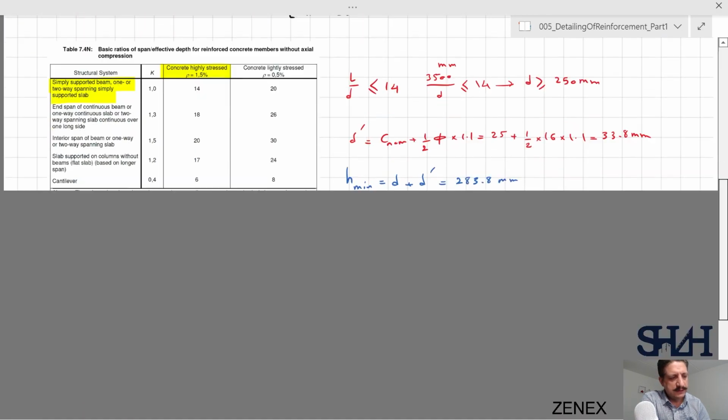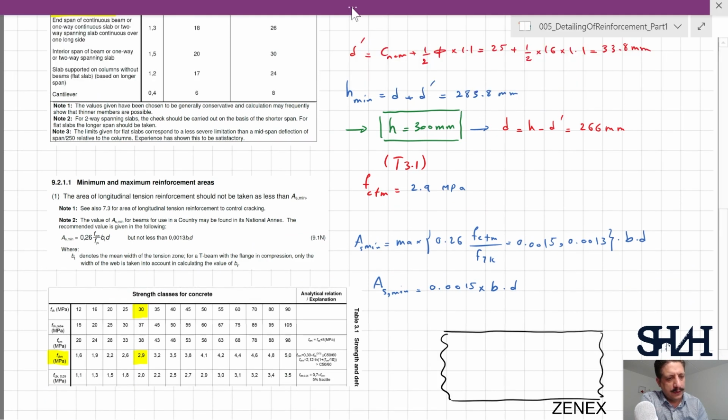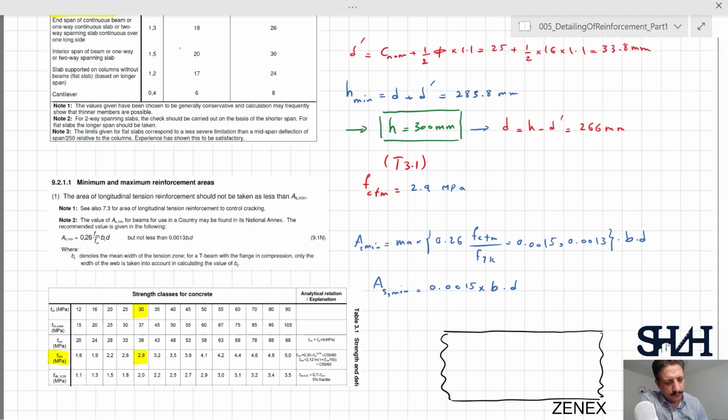It means that it doesn't matter what is the length of the slab. You assume that you are talking about only one ribbon here, which the width is 1 meter. So everything is designed for 1 meter, then we give the spacing. So as a result, B is always 1000 millimeter in slabs, and D is 266 millimeter.